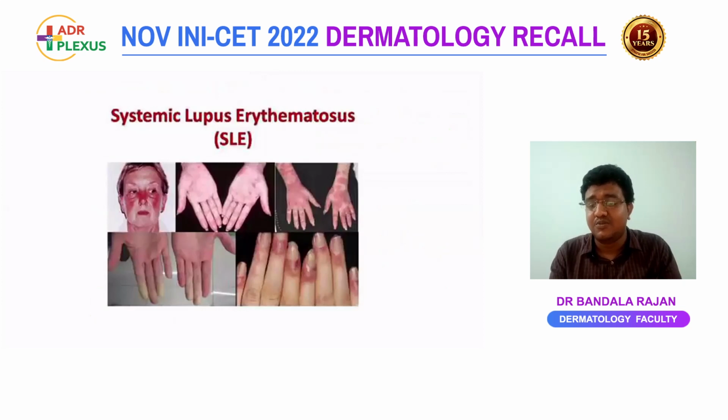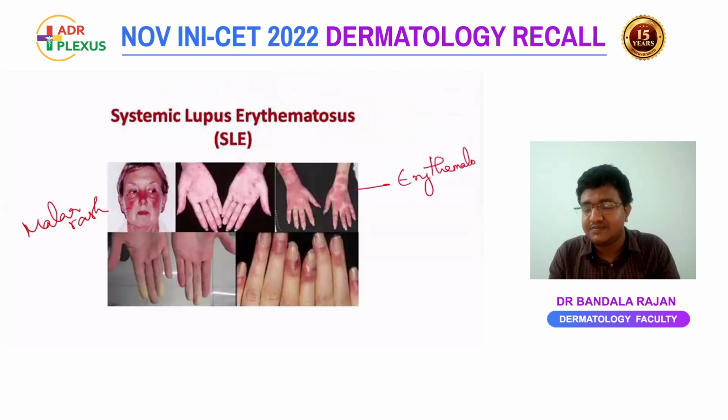In systemic lupus erythematosus, we know the commonest finding is malar rash, and erythematous plaques can be there over the sun-exposed areas.